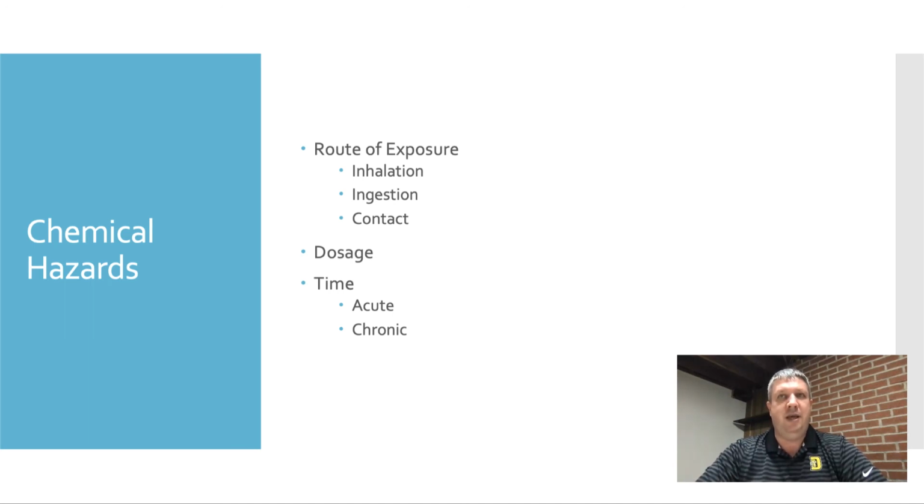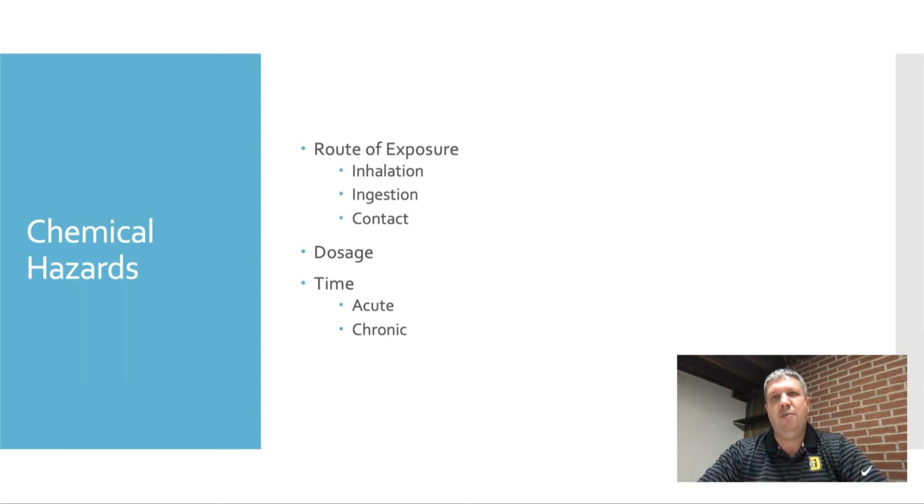So gasoline: if you get exposed to a lot of gasoline very quickly, that's going to be obviously very hazardous. But even continuously breathing small amounts of gasoline vapor, like might be in an auto repair shop or something like that, over a long period of time, could also pose a particular hazard.